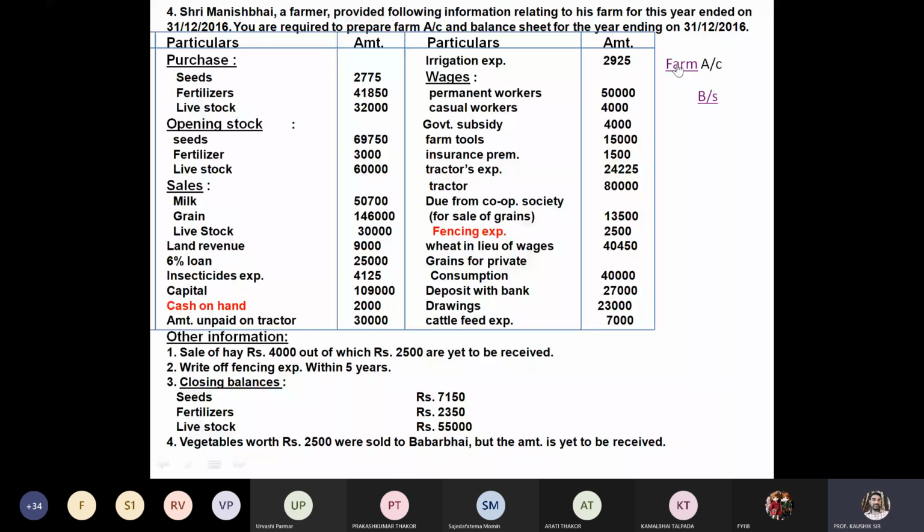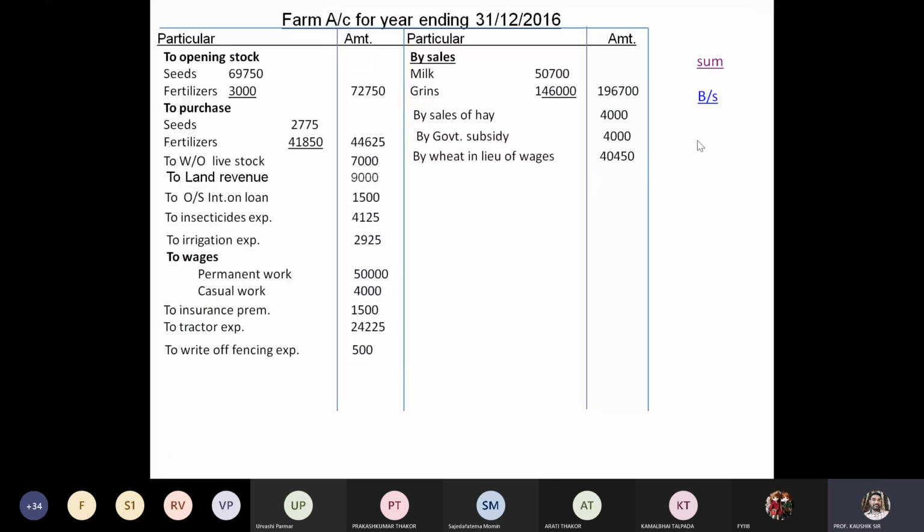Wheat in lieu of wages 40,450. મજૂરીને બદલે આપેલું અનાજ ધંધામાંથી જાય એટલે ફાર્મ અકાઉન્ટની ક્રેડિટ સાઇડ તરફ લખવામાં આવશે. મજૂરીને બદલે આપેલું અનાજ. So goods go from the farm. That's why the amount is credited to the farm accounts.